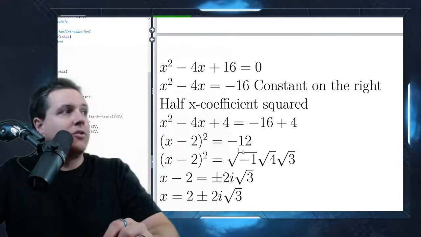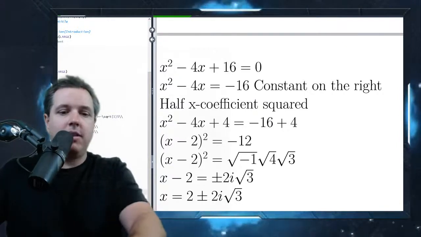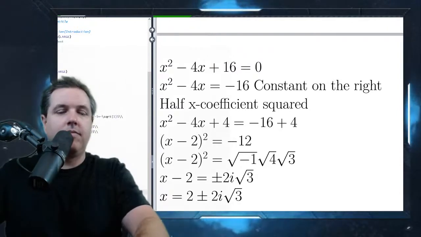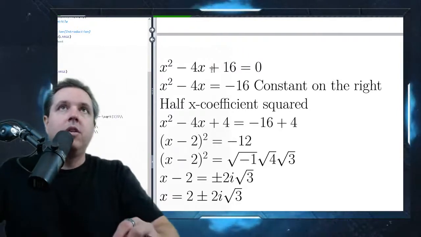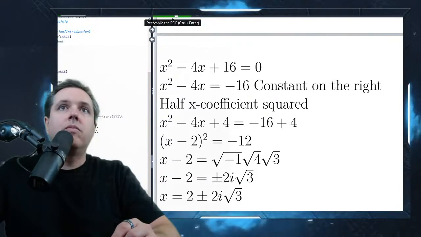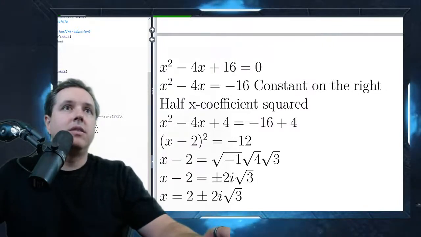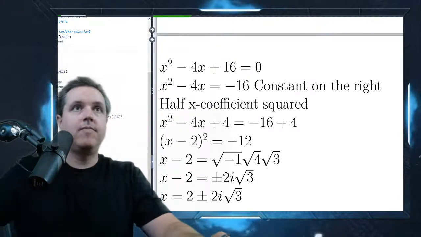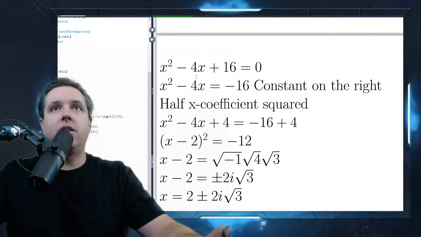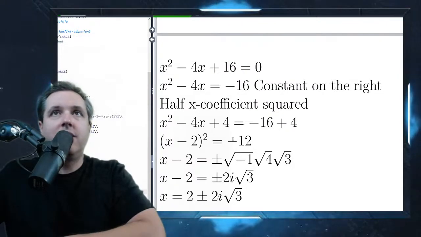Okay, so it's negative 12, right, when we, oops, this should be after I took the square root property. Okay, so once I took the square root property, it means these get a little harder to type too, so I'm trying to do it in a way. Okay, so x minus 2 equals plus or minus the simplification of the square root of negative 12, which is square root of negative 1, square root of 4, square root of 3.